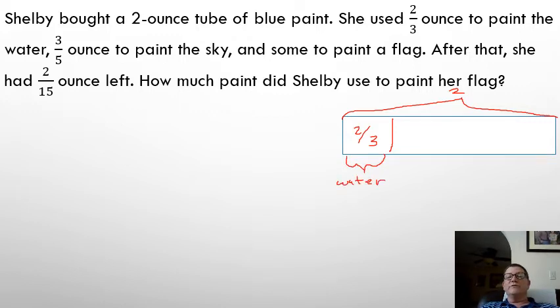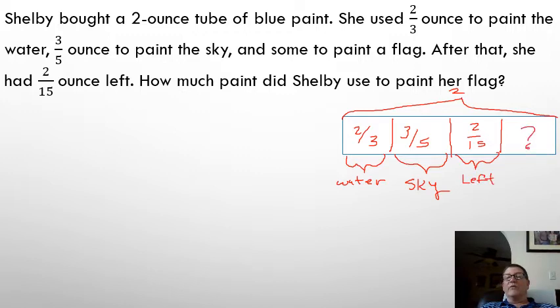Then it said she used 3/5 ounce in order to paint the sky. And then she did some for the flag, but we don't know how much that is. And when she got done, she had 2/15 left.